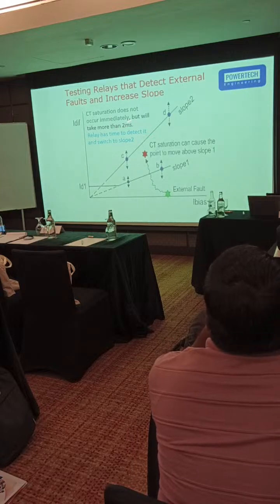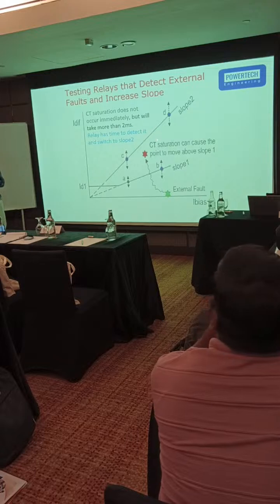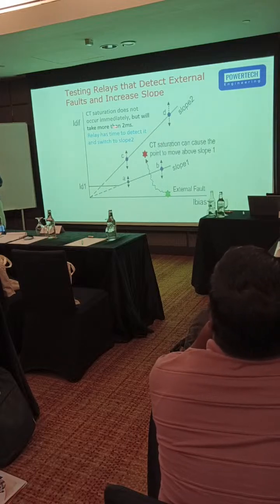So if you are injecting a CT saturation condition, that means during testing we have to give this delay so that this slope moves to here, because during CT saturation conditions the relay should not operate.